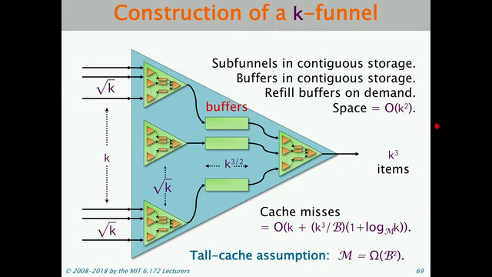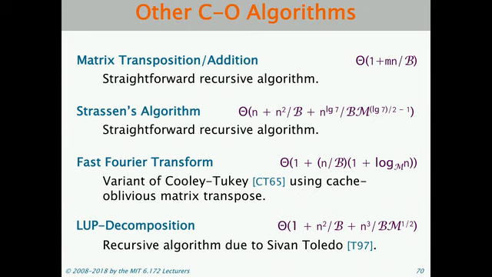So this whole blue thing is the K funnel, and the small green triangles are square root of K funnels. The number of cache misses incurred by doing this merge is shown here, and it uses the tall cache assumption for the analysis. It's a pretty cool algorithm, and we've posted a paper online that describes it. If you're interested in the details, I encourage you to read that paper.